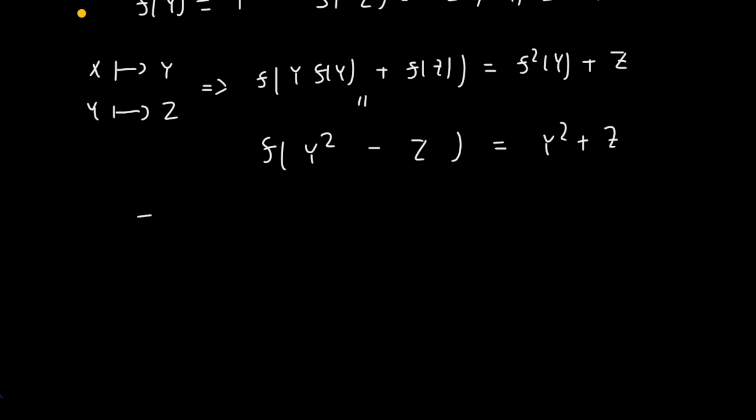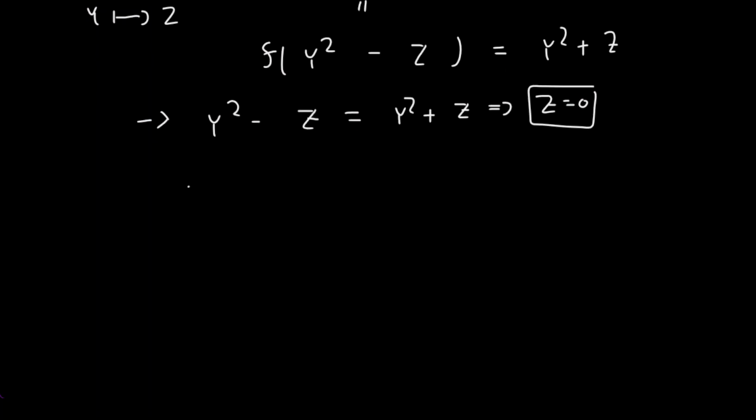But be very careful, because from what we get, the function is even y squared minus z, from which z is 0, or you will get that this is minus y squared plus z, from which you will get that z is 0. So in both cases, y is 0. In both cases, you find out that one of the two is 0, which is a big contradiction.